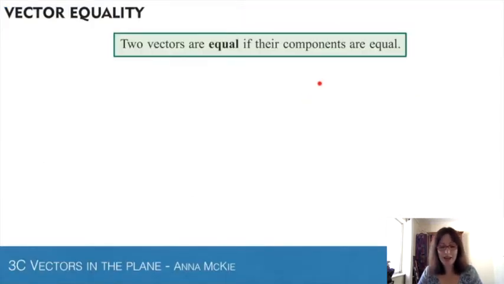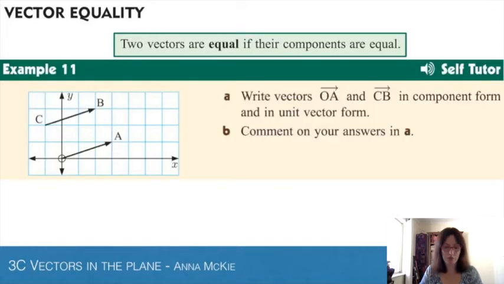So two vectors are equal if their components are equal. Let's have a look here. So if we're asked to write vectors OA and CB in component form and in unit vector form. So the way I do this is OA, so capital letter O and A and an arrow, in component form. So having a look at that, here's O, we have to go 3 to the right.